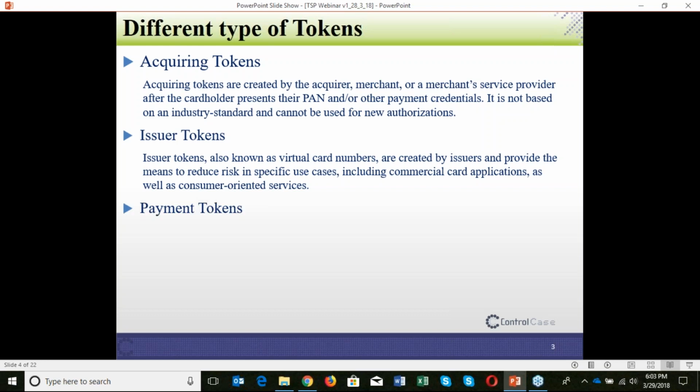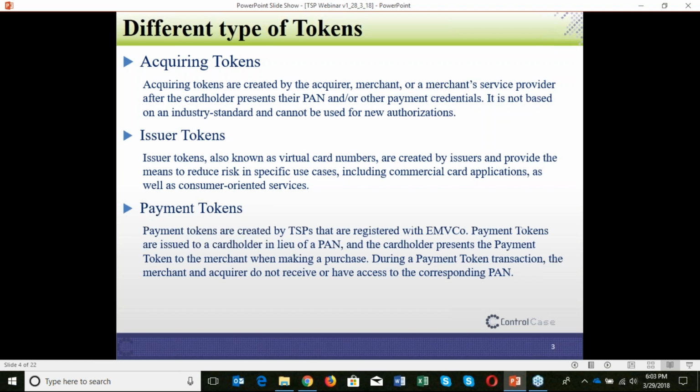The third one is called payment tokens. What are payment tokens and what is the relevance here? The payment tokens are created by TSPs, mainly the entities which are certified with registration with EMVCo. So what is EMVCo?